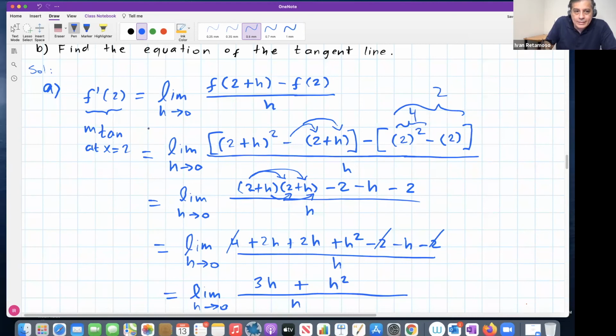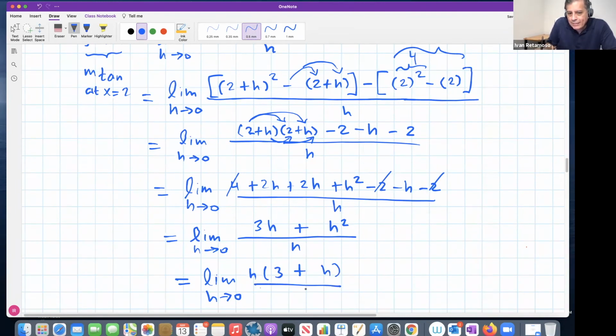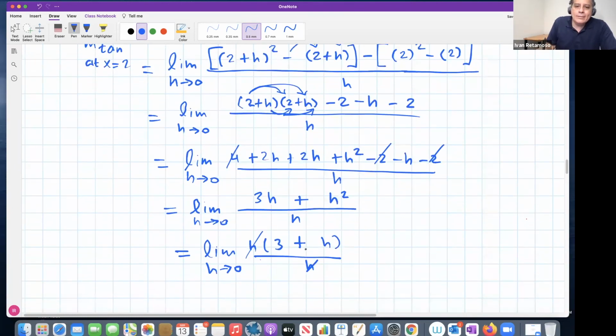All divided by h. Now, either factor out h and cancel it, or do what I did before. For the sake of variety, this time I'm going to factor out h for you to see that it's the same. H into 3h is 3, h into h squared, h divided by h. Notice you cancel these two and you end up with 3 plus h.